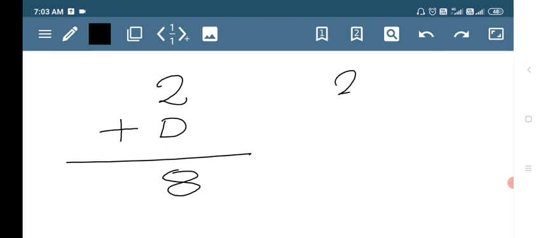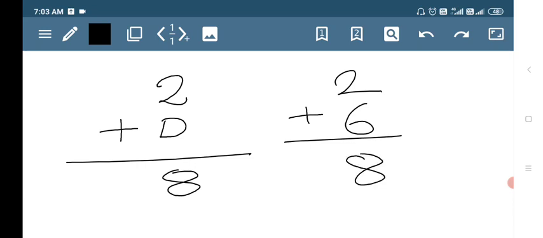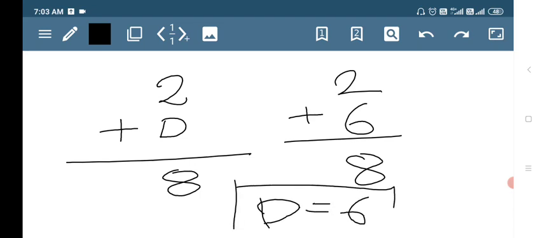Exactly, it is 2 plus 6 is equal to 8. So the value of d is equal to 6. So this is how we will be using the letters for the digits. Understood?